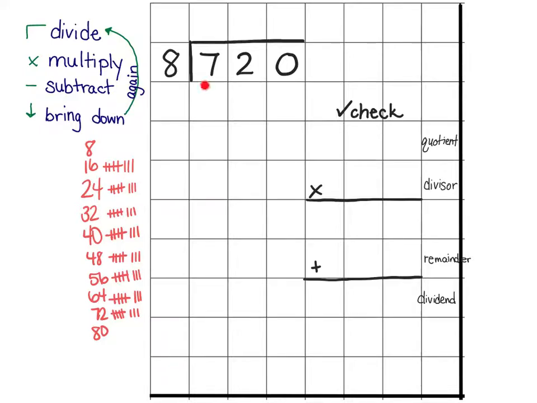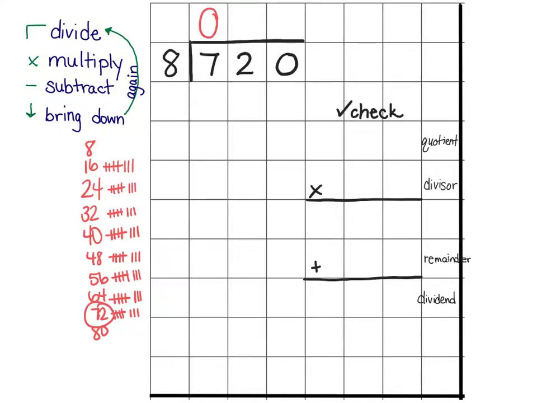Okay, 7. If we have 7, can we divide it into 8 parts equally? No, we cannot, so put a 0. Now we're going to look at 72. On our list, 72 is right here.